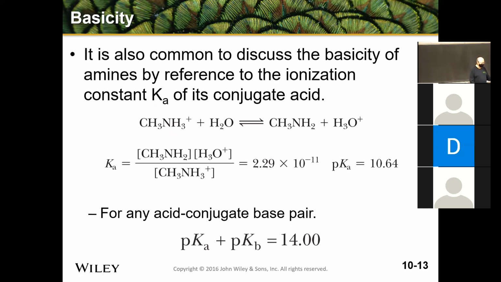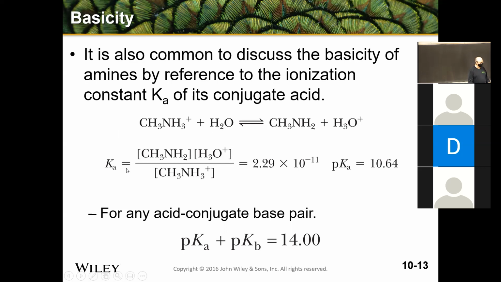If we look at the reverse reaction, okay, the conjugate acid, if we make a solution of the conjugate acid in water, that produces a few hydronium ions, and so the solution is now acidic, but not strongly acidic.